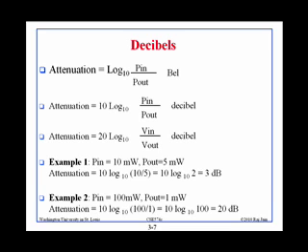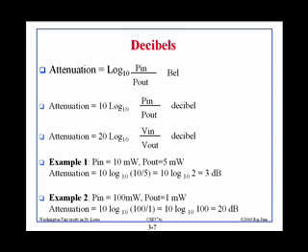All right? And so when you have any medium, if you put the power in, P in, and you get the power out, P out, the ratio of the two, if you take log base 10, is how much power they say we lost.